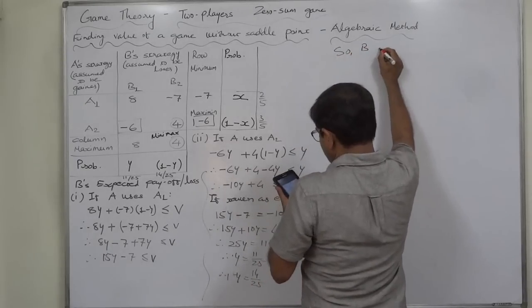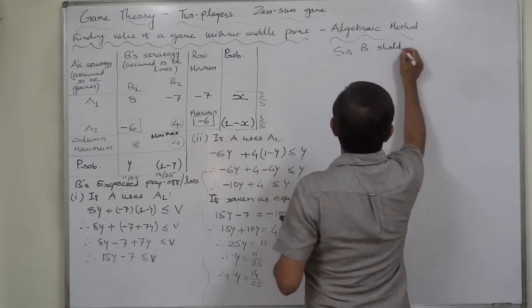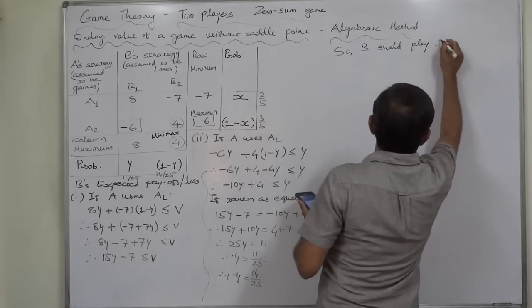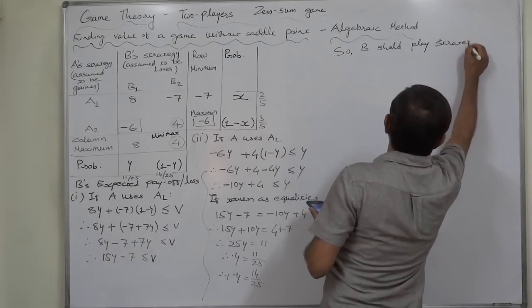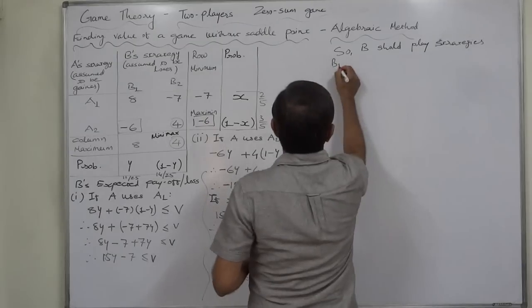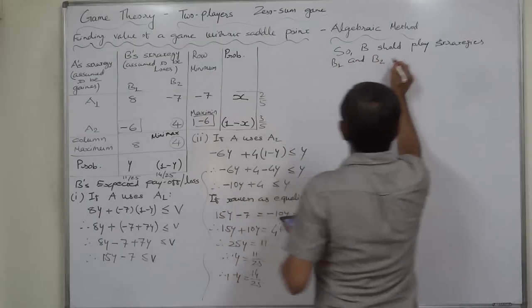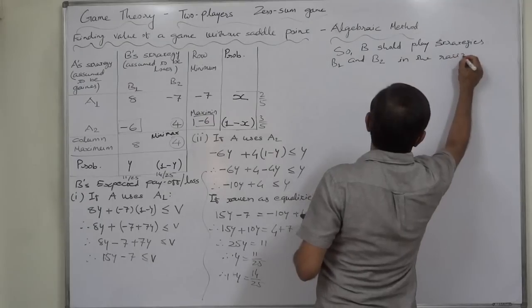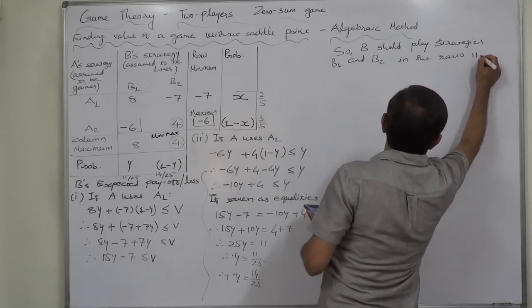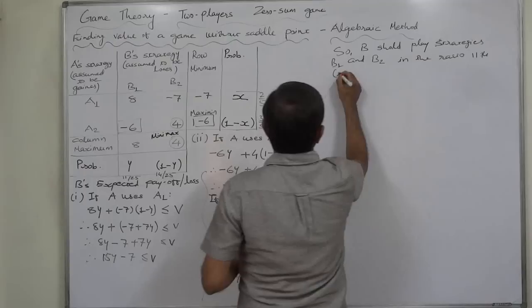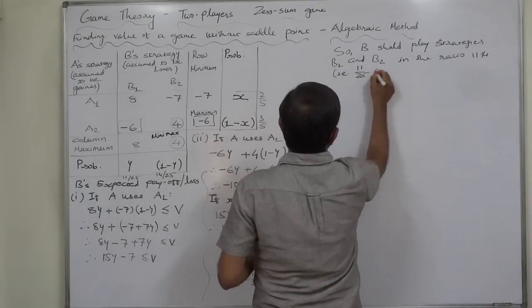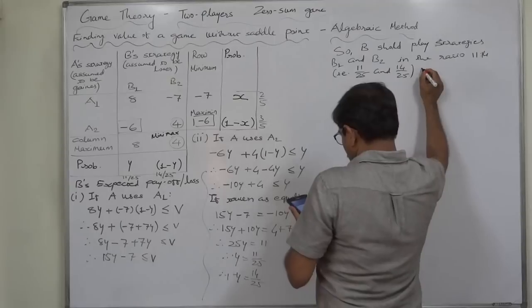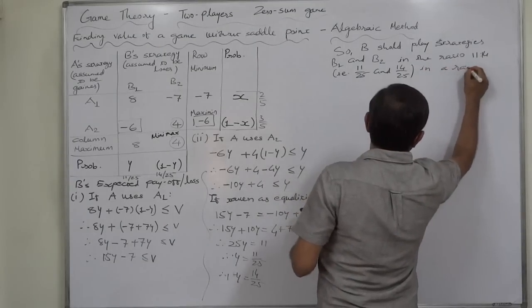So B should play strategies B1 and B2 in the ratio 11 is to 14, that is 11 by 25 and 14 by 25, in a random manner.